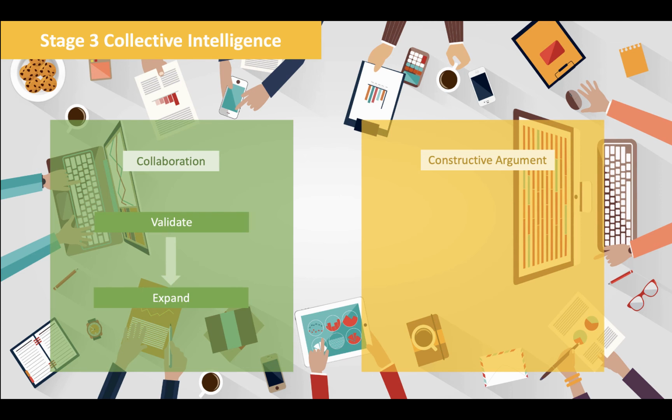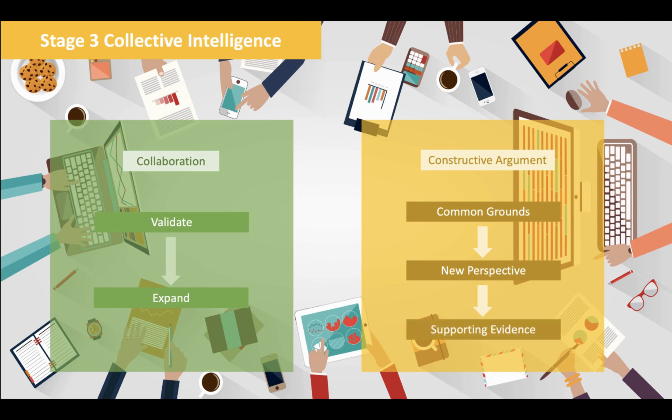For constructive argument, you can encourage the students to first find the common ground, then point out the differences, and use a new viewpoint with supportive evidence. No matter which route you decide to take, the ultimate purpose for this stage is to expose students to multiple perspectives and negotiate the new understandings.